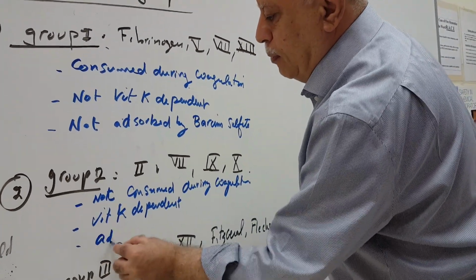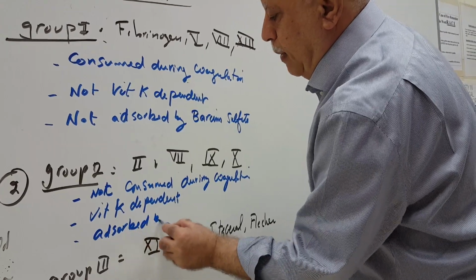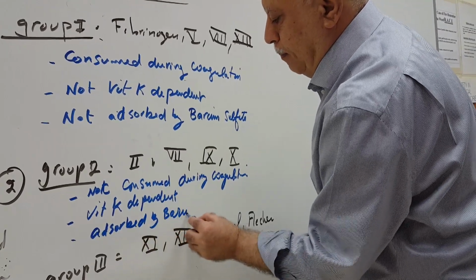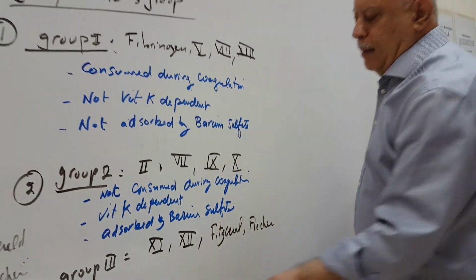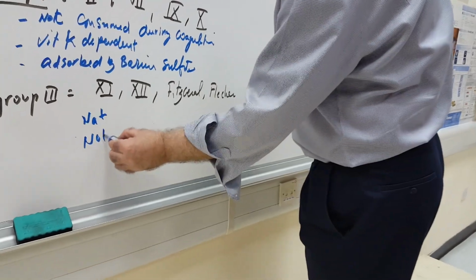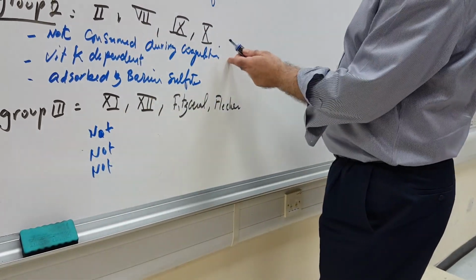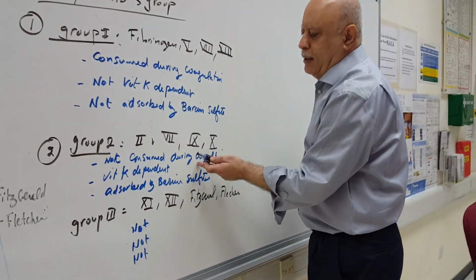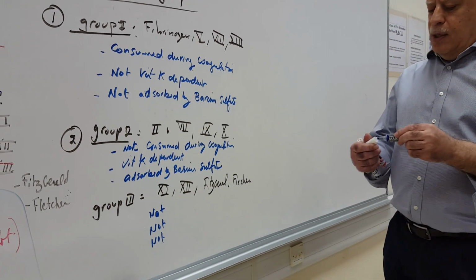It is absorbed by barium sulfate. Group 3 is not consumed during coagulation, not vitamin K dependent, and not absorbed by barium sulfate.